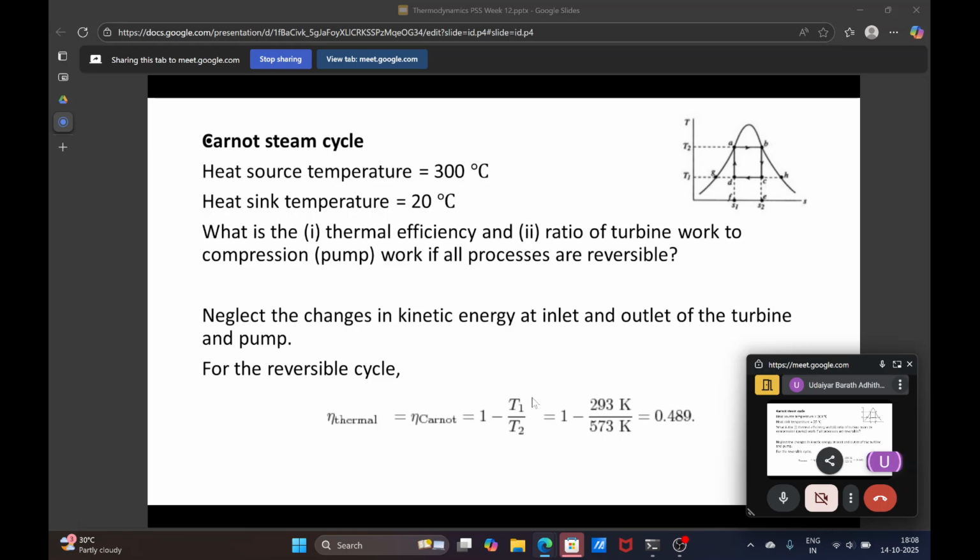So you get 1 minus Q out by Q in. This is directly from the temperature scale which you have seen. You can write the Q ratios as the temperature ratio, so 1 minus T1 by T2. Substituting the temperature values of the source and sink, we get the thermal efficiency to be 48.9%. So close to 49% is the efficiency of the Carnot cycle.